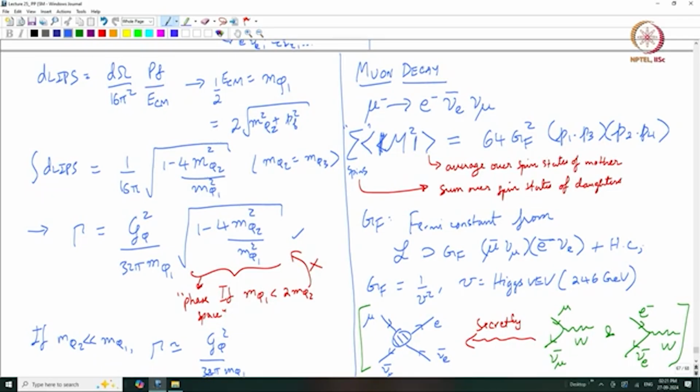Then we saw the reverse case also with the example of muon decay, where in the Lagrangian, at least at the effective level, if you write down the Lagrangian as a contact operator like this, then the coupling constant out there has negative mass dimensions. In this case it is nothing but the Fermi constant, which is 1 over v squared, where v is the Electroweak scale, right.